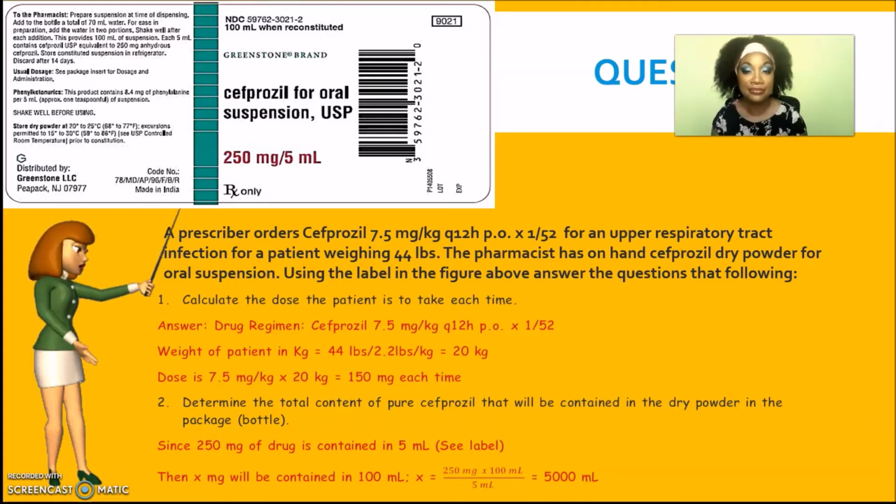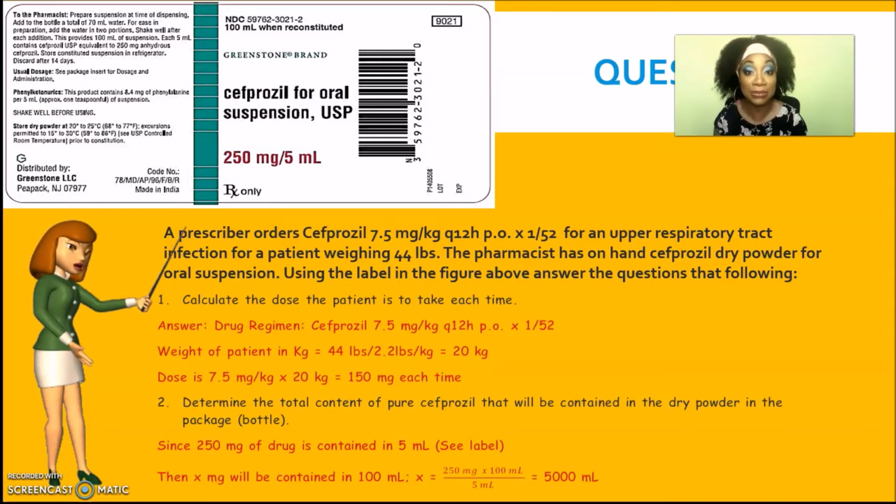Again, it's saying that once you reconstitute the powder, you're going to have a final volume of 100 mls, and that suspension is going to have a concentration of 250 milligrams every 5 mls. So, if you know what the final volume is, and if you know what the concentration is, then you can determine what amount of the cefprozil will be in the powder.